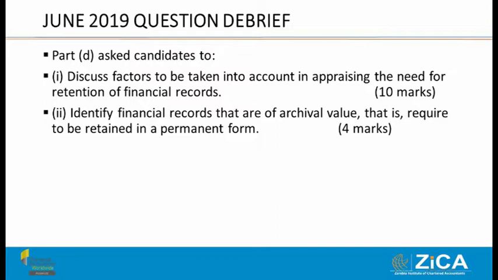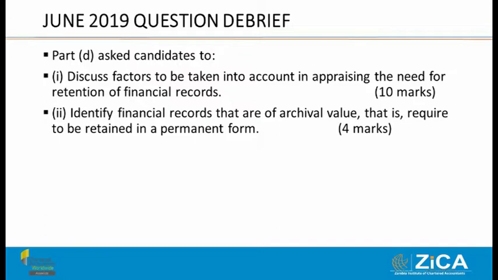So for instance, we say usefulness of information will actually determine whether this information needs to be retained or not. So when you state the usefulness of information, you have identified the factor. You need to back it with an explanation. So certain information, once a transaction has taken place, may never be needed again in the future in any way.